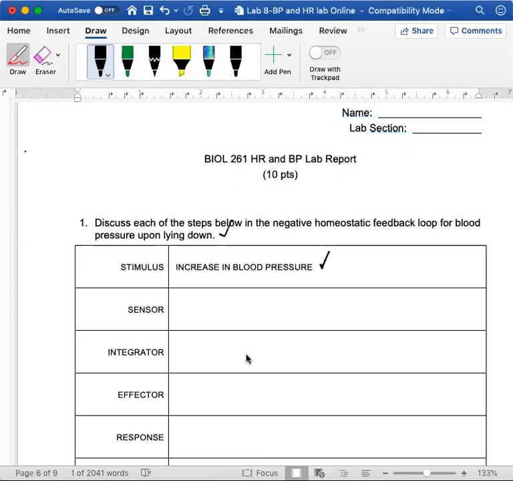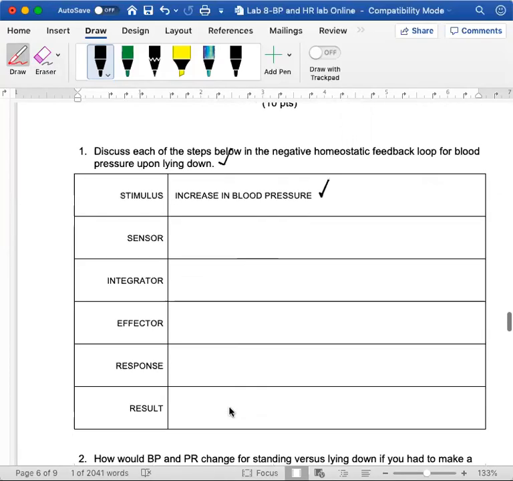So it's going to measure it against a set point, and then it's going to send a signal out. So if the stimulus was an increase in blood pressure, you're ultimately going to have a drop in blood pressure. Okay, what are the effectors? You have two effectors. It's going to be your heart and your blood vessels. And remember, if you give me two effectors, I want you to give me two responses.